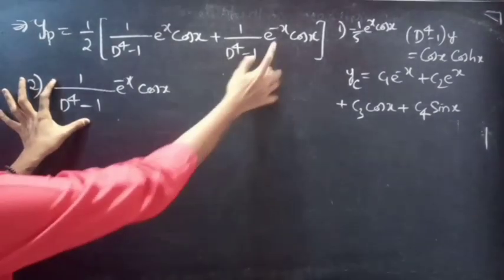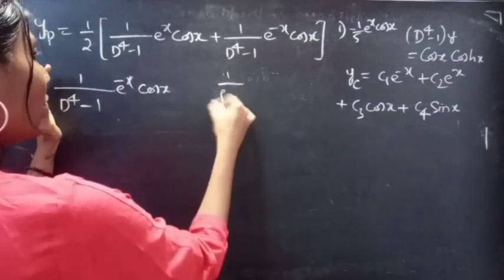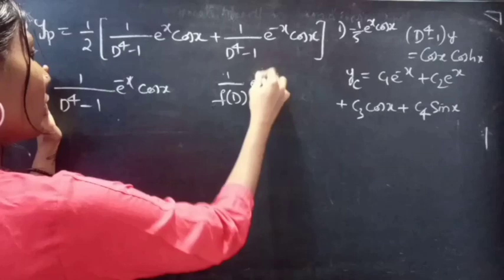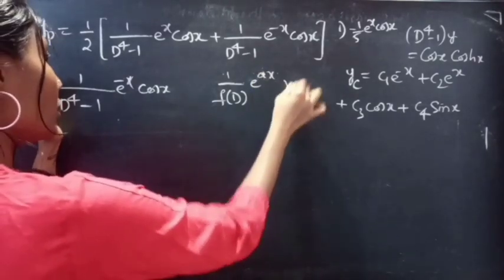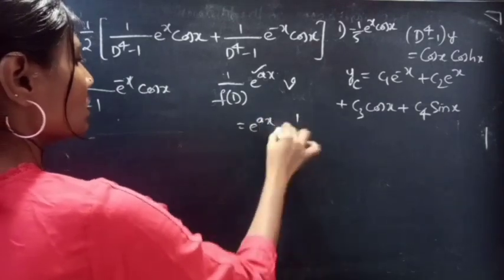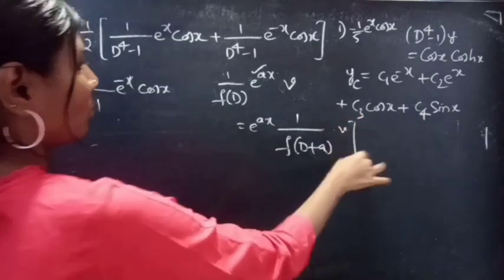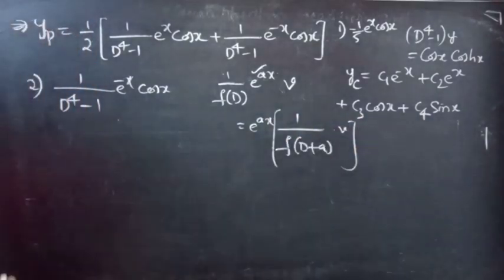1 by f of d into e power minus x into cos x. And also this is of 1 by f of d into e power ax into some v form, right? We'll shift e power ax towards left by replacing d with d plus a, and later we'll operate with 1 by f of d plus a, right?